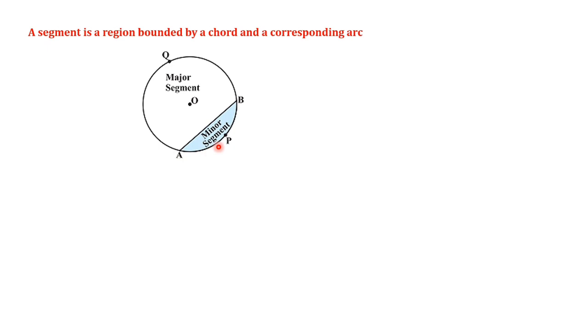So APB is the minor segment and AQB is the major segment. Once again, a segment is a region bounded by a chord and the corresponding arc. So here APB is called the minor segment, and the other one, which is bigger in size, AQB, is the major segment.